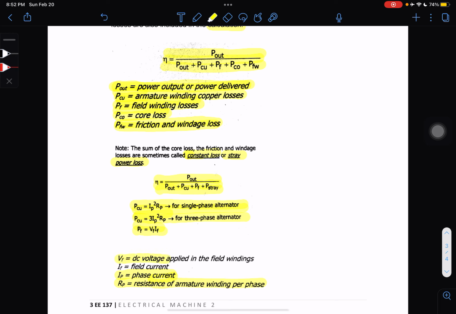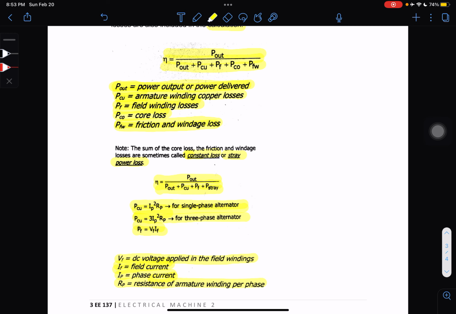VF is the DC voltage applied in the field windings and IF is the field current. So very easy, since they are all abbreviations, you can easily memorize the formulas for our power losses.